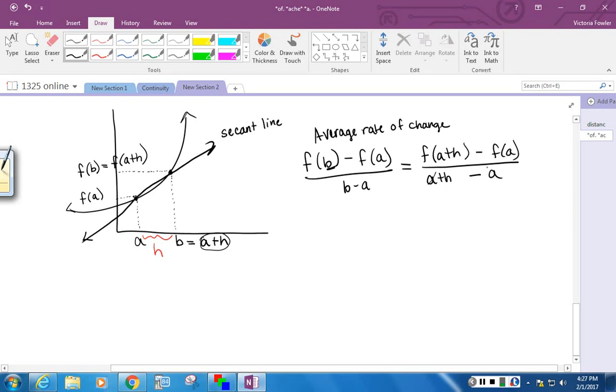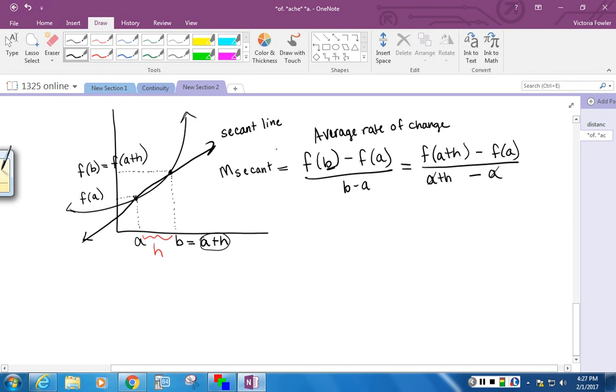And I can even simplify that further. So what I've actually got here is the average rate of change between these 2 points, and if this is called a secant line, what I have is that I've just defined the slope of that secant line, right? The change in y over the change in x.